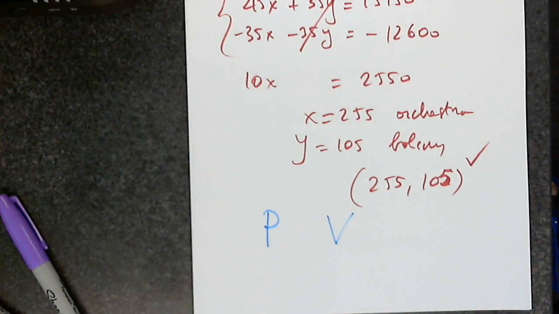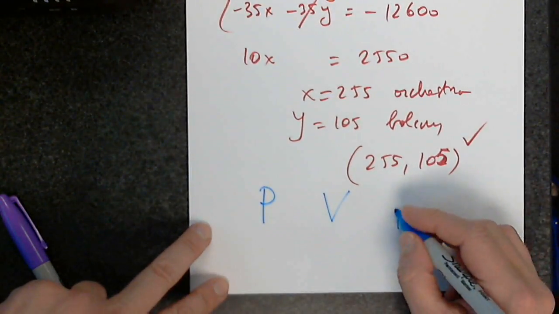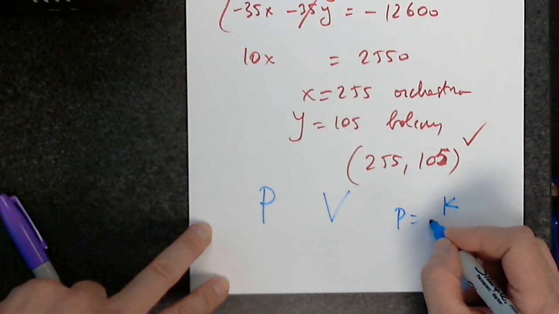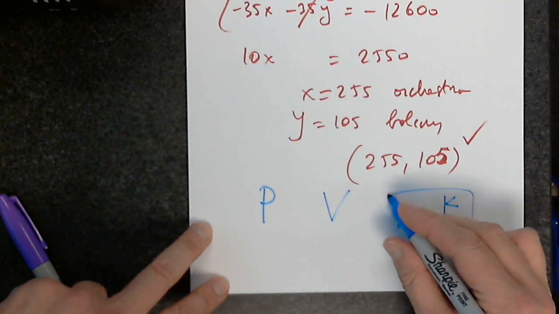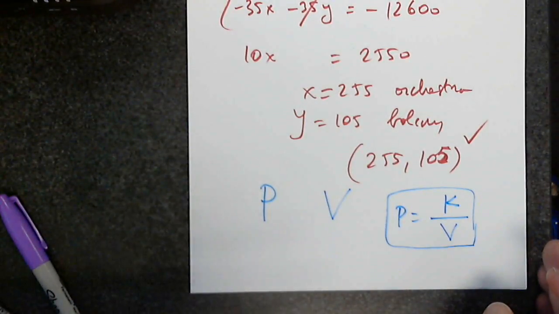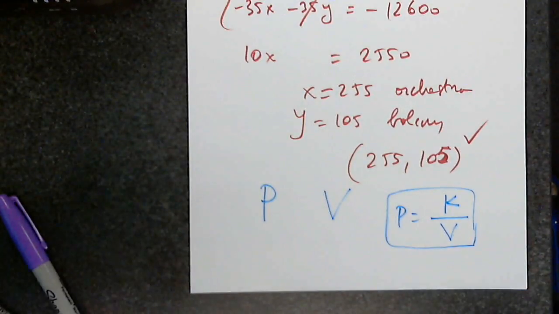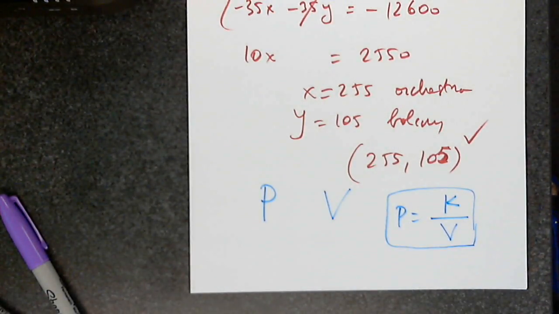P varies inversely, or is inversely proportional, to the volume. What is the equation I have to write? P equals k over V. Okay. So there must be a constant of proportionality. I cannot assume that P is 1 over V. It may be 1 over V, but I have to determine that. Good. Now I can read on.